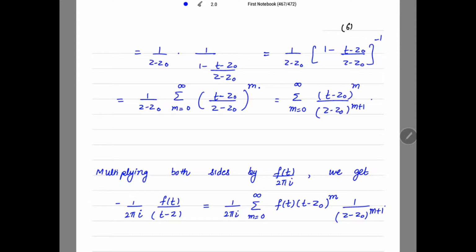Now multiplying both the sides again by f of t over 2 pi iota, same steps I am considering, we get minus 1 over 2 pi iota f of t over t minus z, because I am having the minus sign in the left hand side when I start my step.